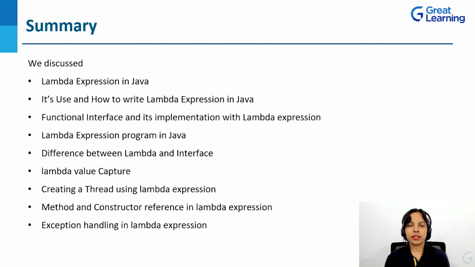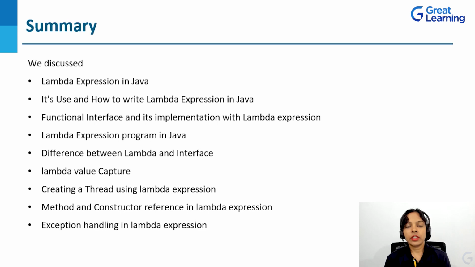Now let's summarize the complete content. I have been talking about Lambda expressions in this video, where I discussed what is Lambda expression, why was the use of Lambda expression there in Java programming as it is a newly added specification in Java, and how to write a Lambda expression, with the complete syntax of it.